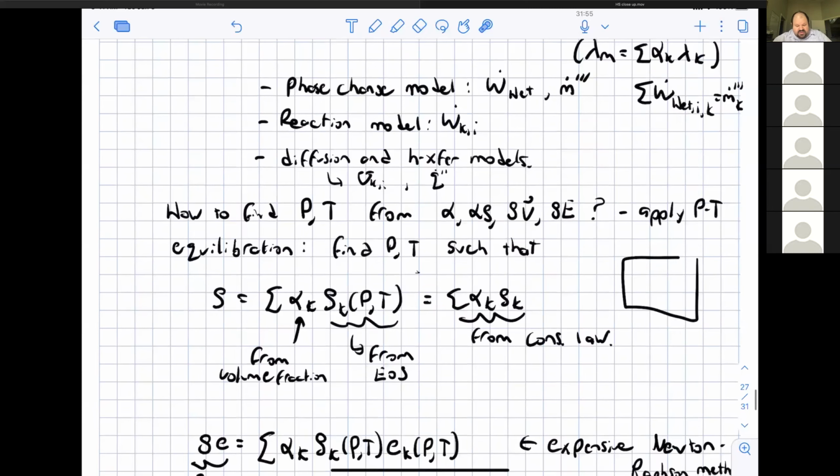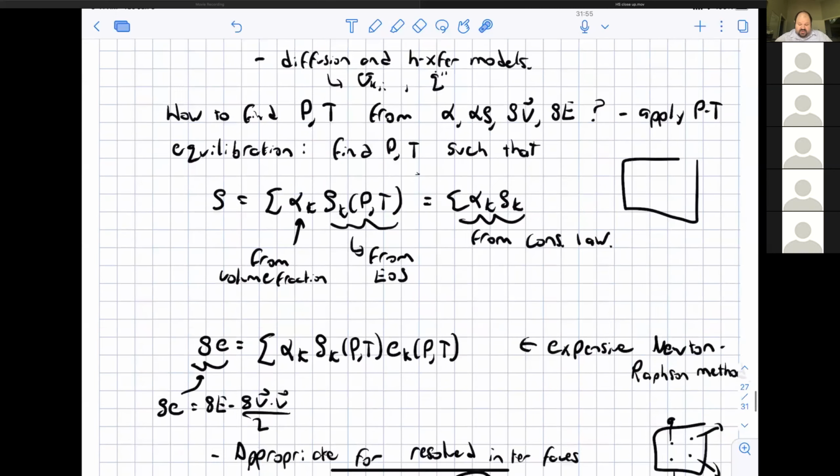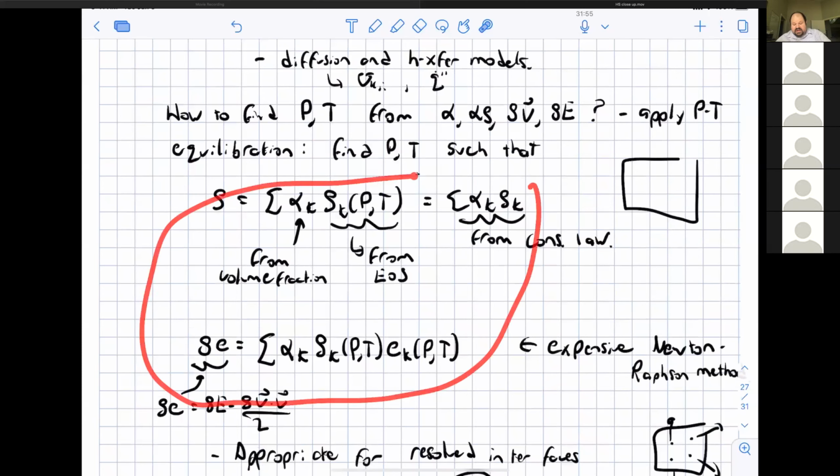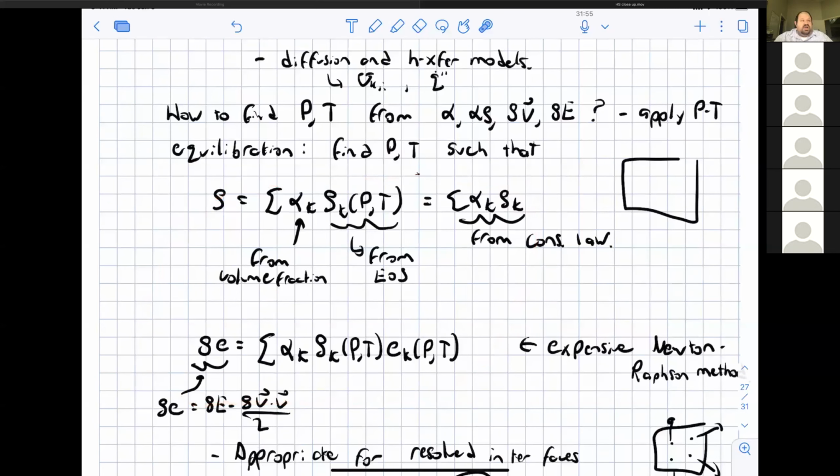And just note that you need to find pressure and temperature from the conserved variables here. In general, there's a Newton-Raphson solve that you need to do. Professor Stewart does have some simplified procedures, at least for explosives, where your two equations of state are a solid equation of state for the unburned explosive and a product equation of state at Chapman-Jouguet-like detonation conditions.